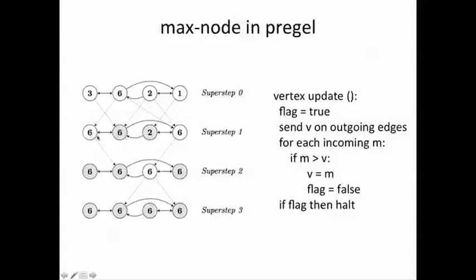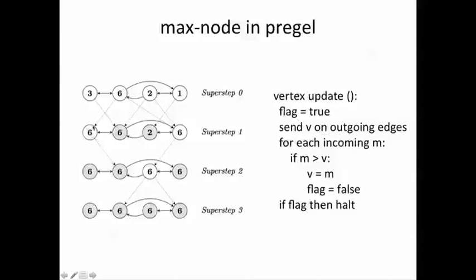These vertices, 1 and 4, however, are not halted, so they have to propagate their value in the next super step. So they are actually going to send the value on the outgoing edges.